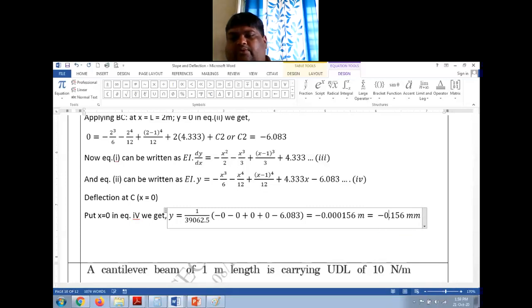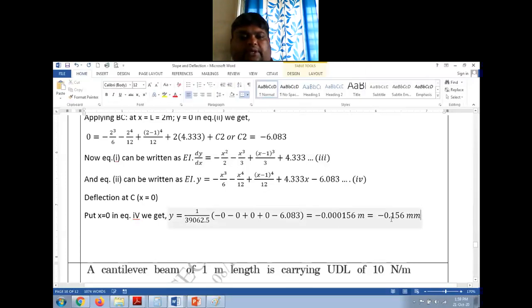Minus 0.156 millimeter is the deflection at the free end, right?